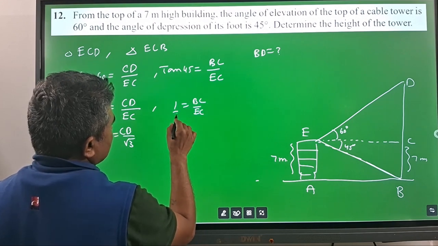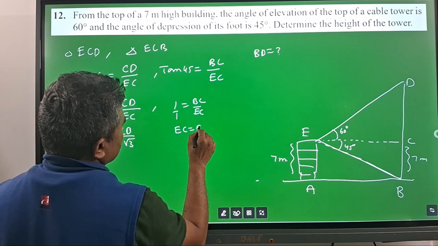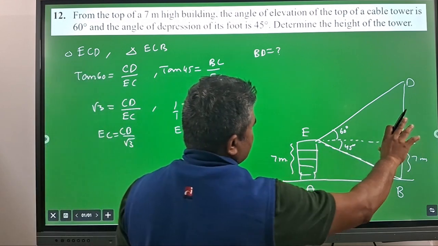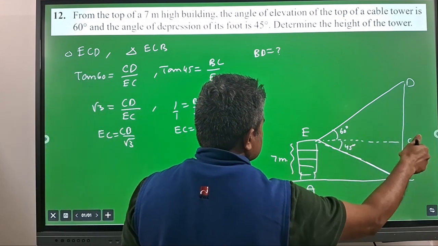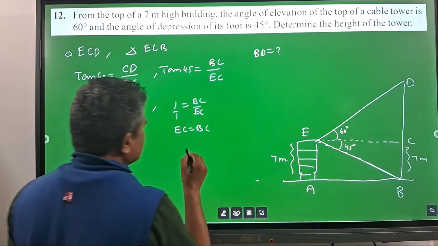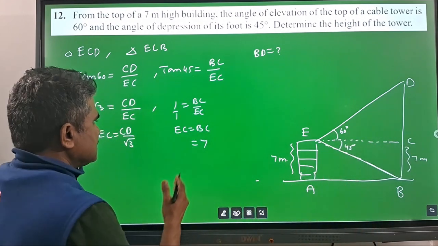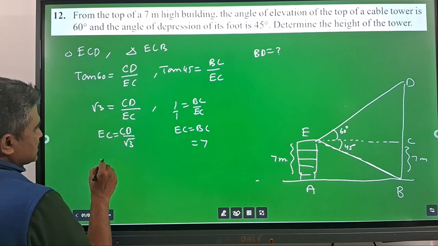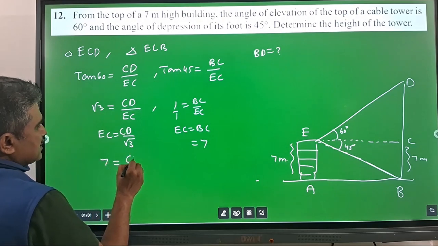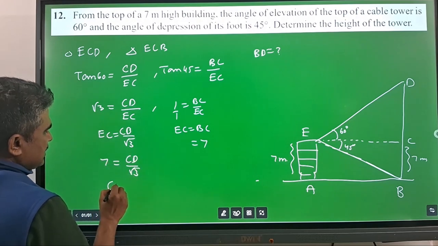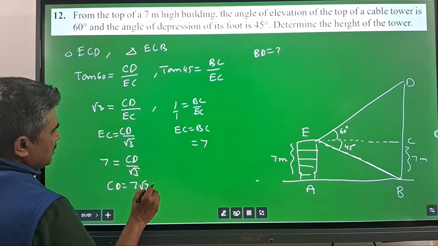So if you cross multiply this one, EC will be equal to BC. BC is 7 meters, then EC is also 7 meters, so EC is equal to 7 meters. So substitute that EC here, 7 is equal to CD by √3, or CD is equal to 7√3 meters.